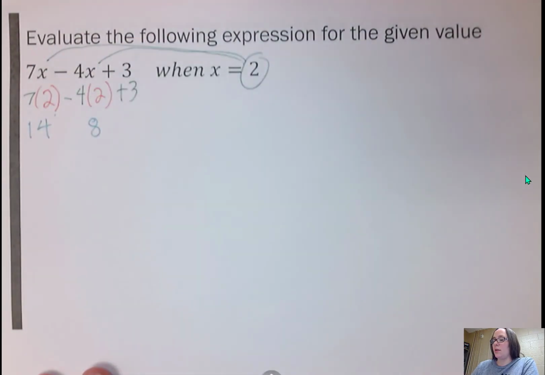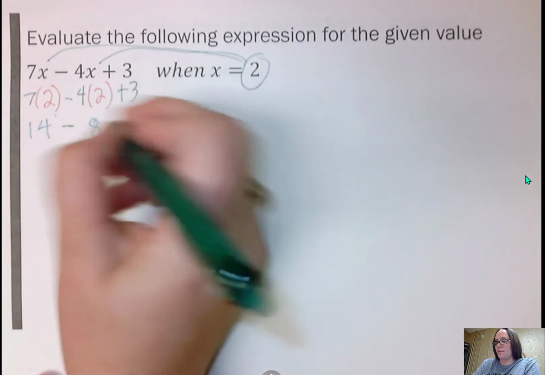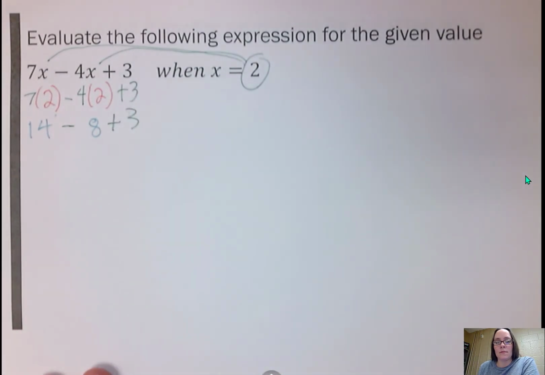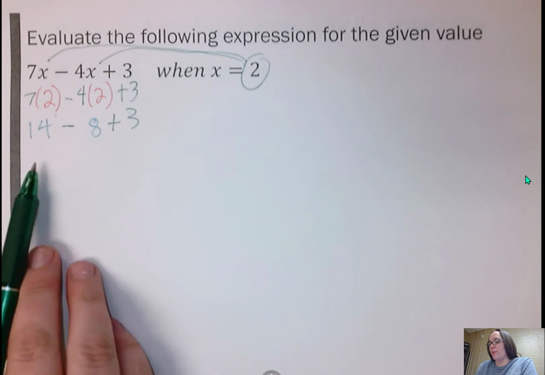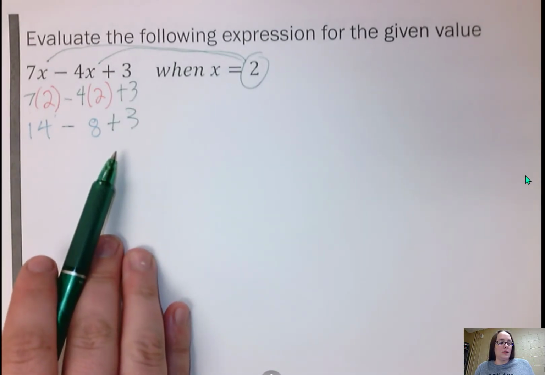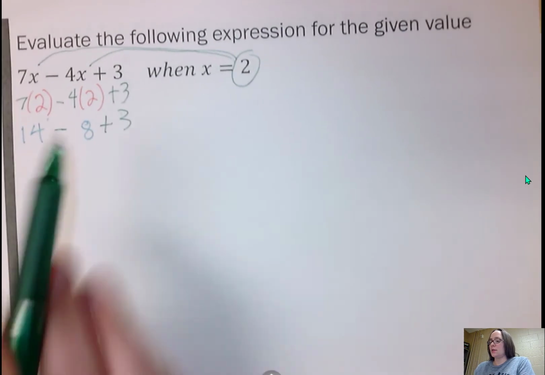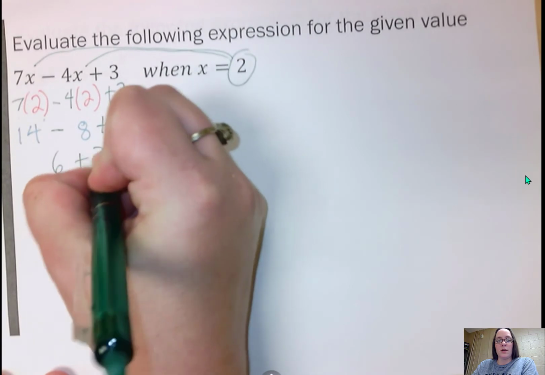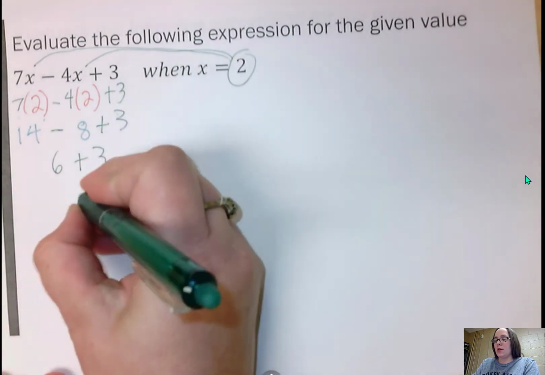We are keeping everything else the same. Now we can do our addition and subtraction from left to right. 14 minus 8 is 6, plus 3. 6 plus 3 is 9.